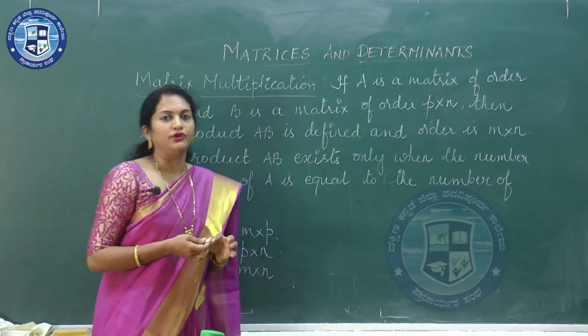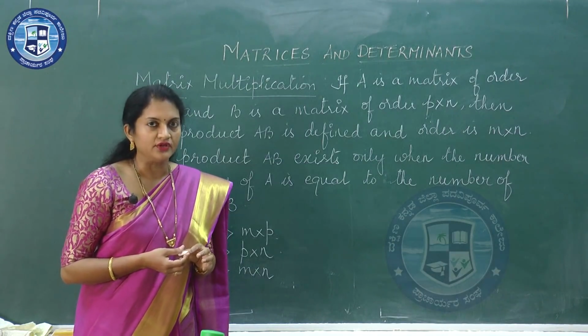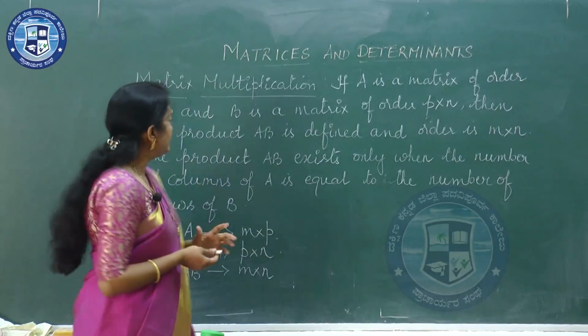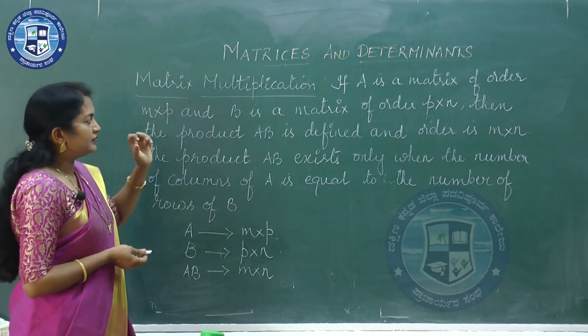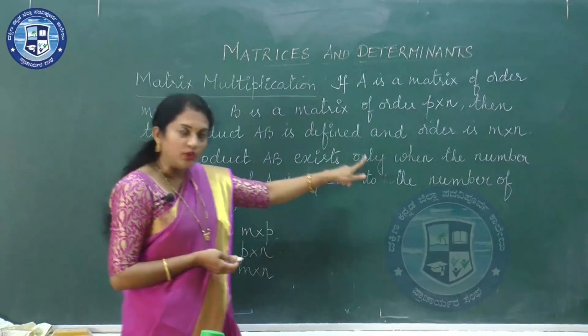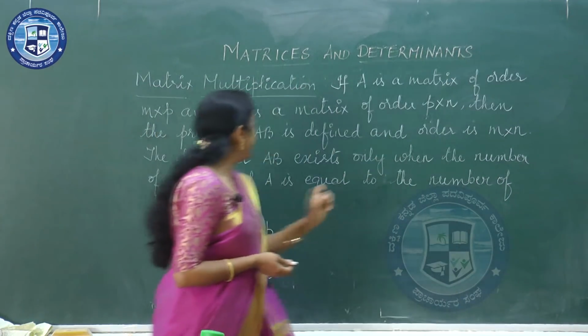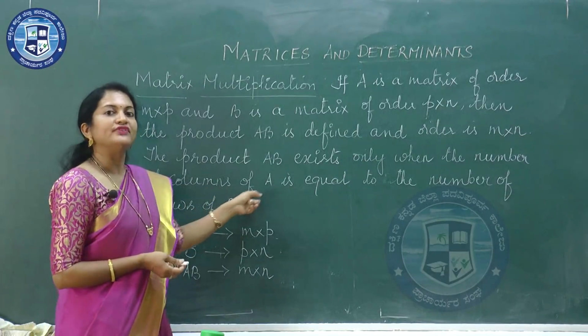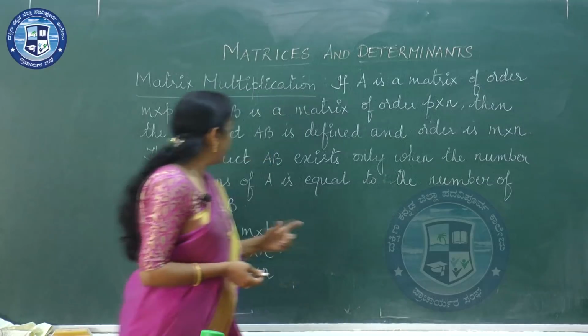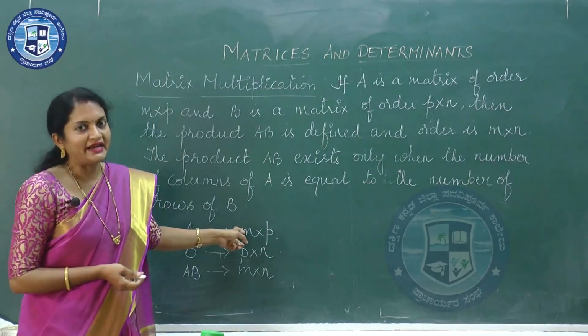When can we find the product of two matrices? The product AB exists only when the number of columns of the first matrix A is equal to the number of rows of the second matrix B.